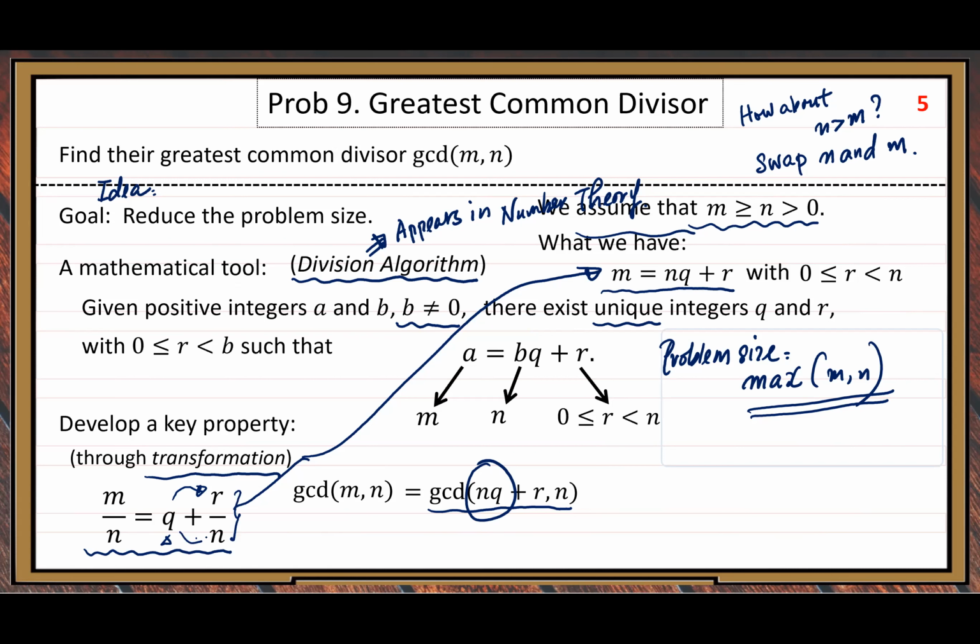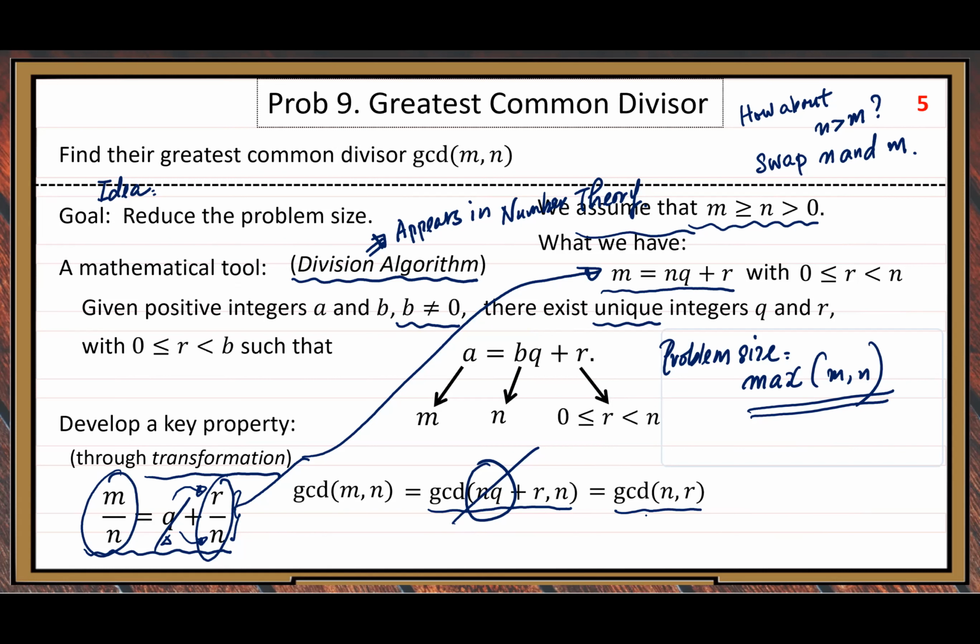There is no impact on the denominator, right? Integer does not put any impact on the denominator. From that point of view, you can see the GCD of m comma n is the same as the GCD of r and n. So that's this one. The q part, the n multiple part, has no contribution to the GCD.